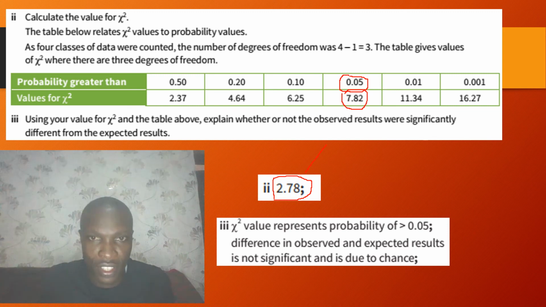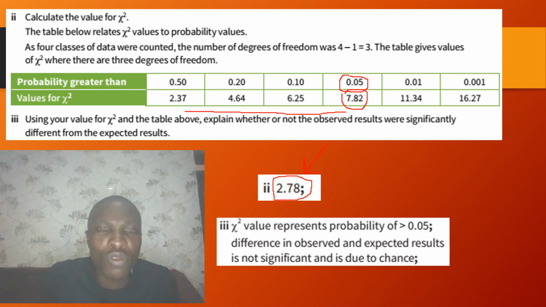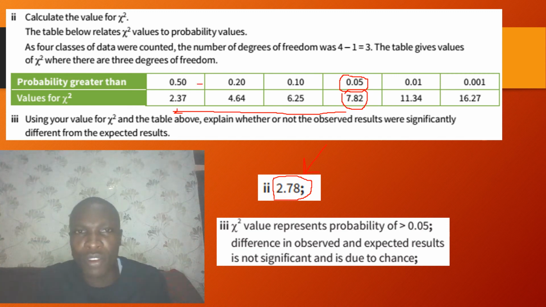I guess you can see it. So what does this show to us? It shows us that the value we have got is far less than 7.8. In other words, if we were to trace it in this row, it would be on the extreme left. I think it is between 0.05 and 0.2.